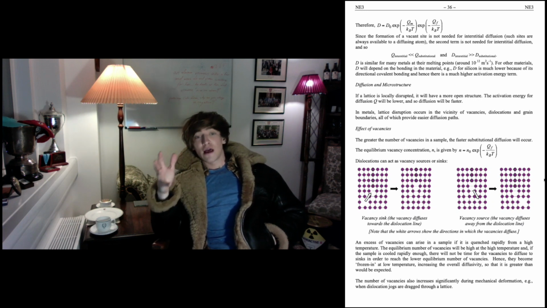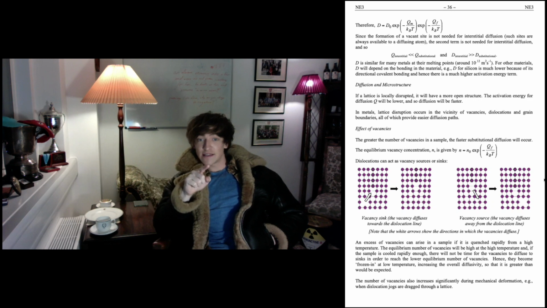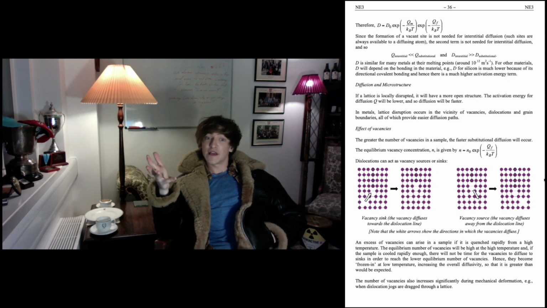Okay, so certain microstructural features can act as sinks for vacancies, such as shown in the figure here for a dislocation acting as a sink for such a vacancy. As a vacancy diffuses towards it, these dislocations can also behave as vacancy sources.